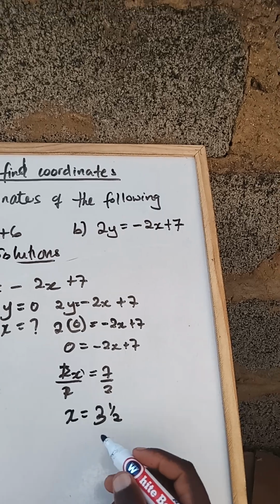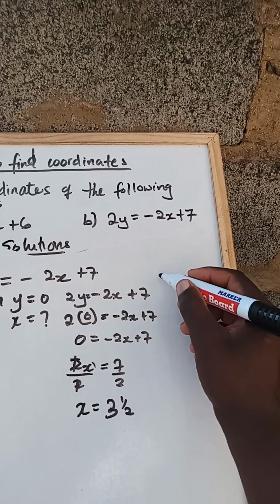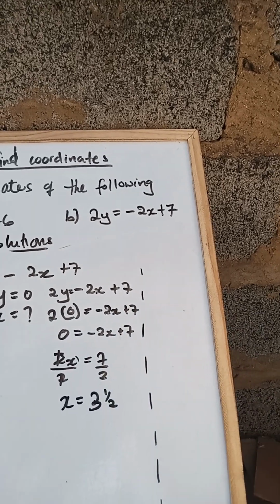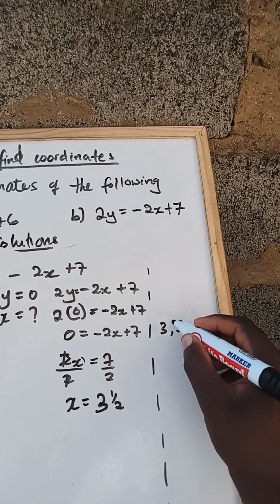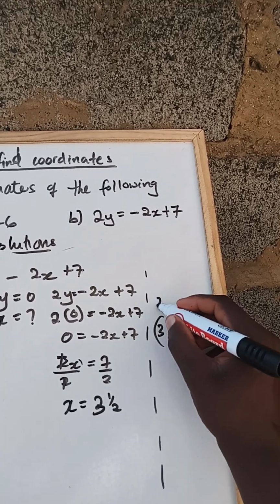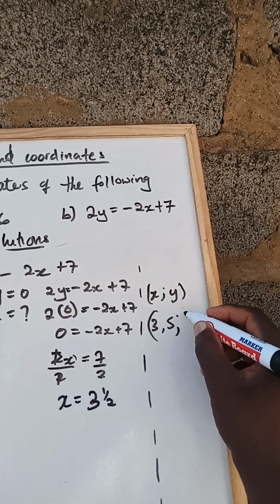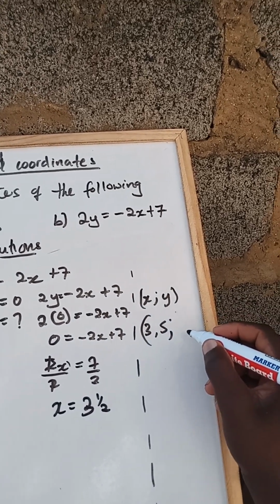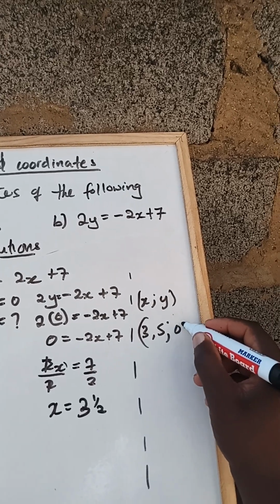So in this case, where are we going to write our coordinates? Let's write our coordinates here at this far end. In this case, it's 3.5 for x. Remember, we say x first, then y. 3.5 for x, and for y it is 0.